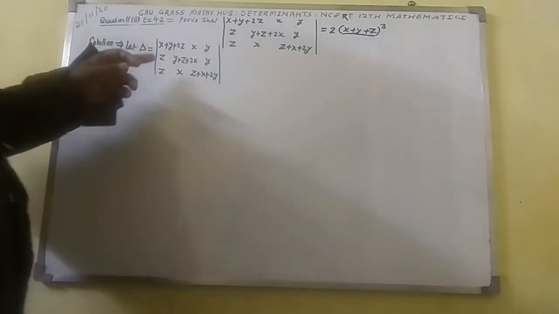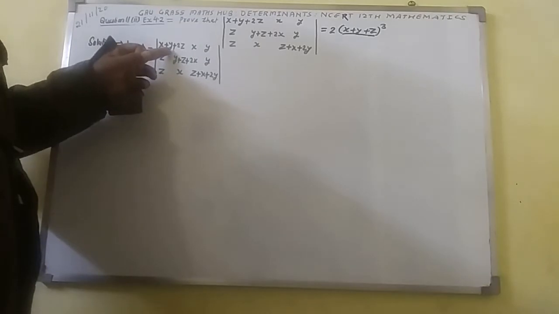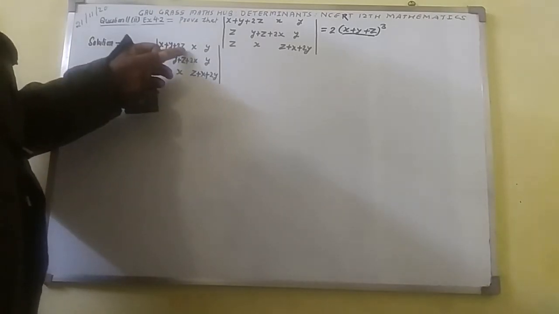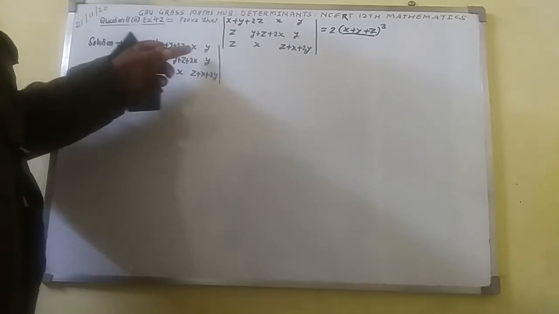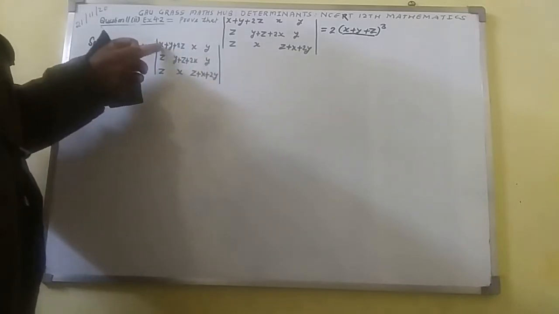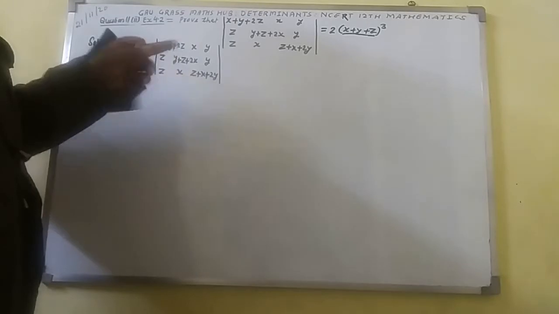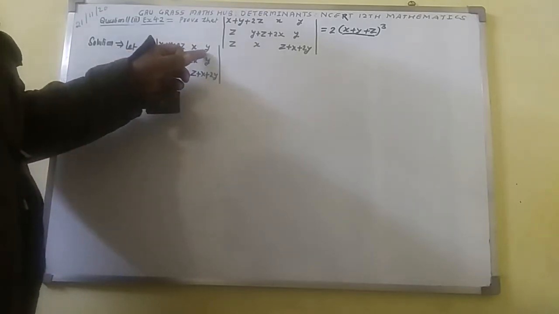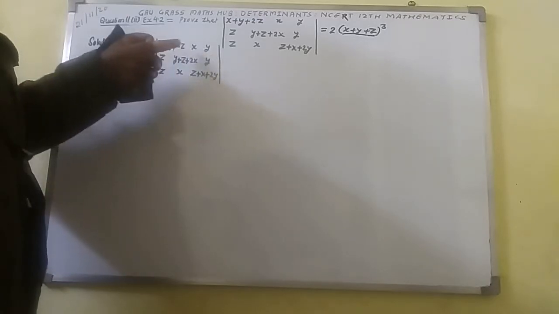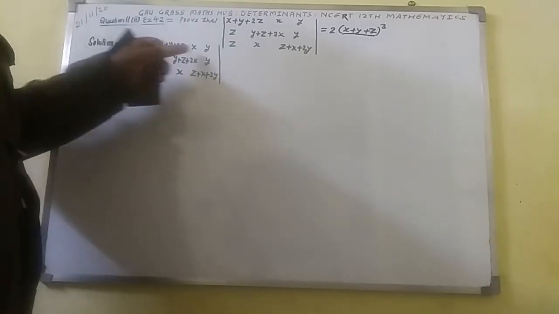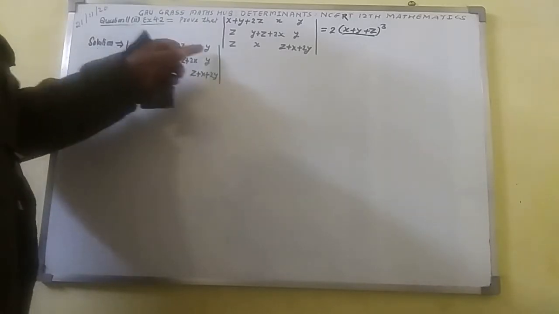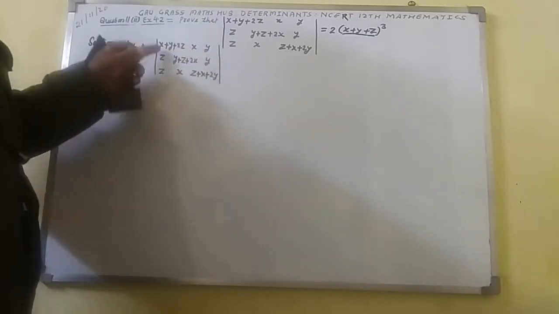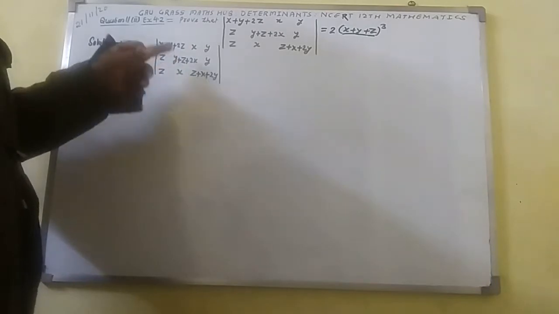So here you can see x plus y plus 2z is there, so 2z is there. If you add this x to this term, you will get 2x, and if you add y to this y, you will get 2y.